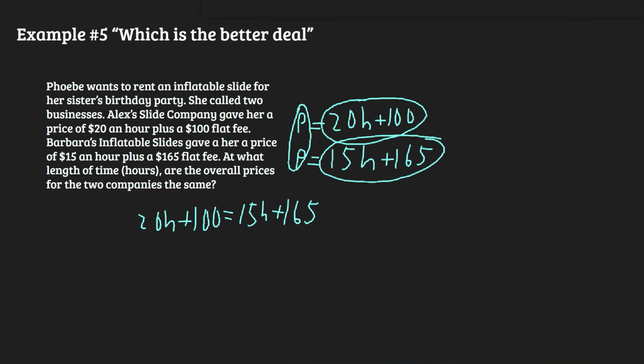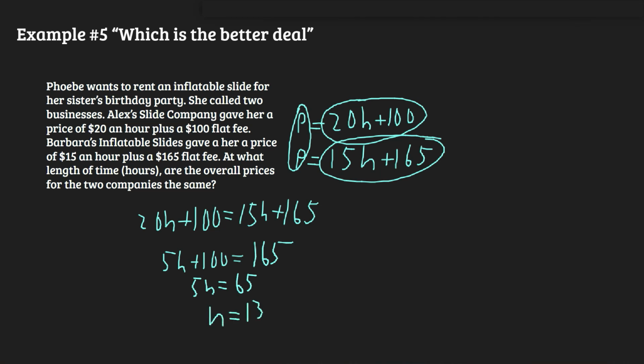So let's subtract 15H from both sides here, and I'm going to get 5H plus 100 is equal to, sorry, that should stay as 165. I'm jumping steps here. So that is equal to 165. And then we'll subtract 100 from both sides, and I'll get 5H is equal to 65. And now I can divide both sides by 5, and I get H is equal to 13.